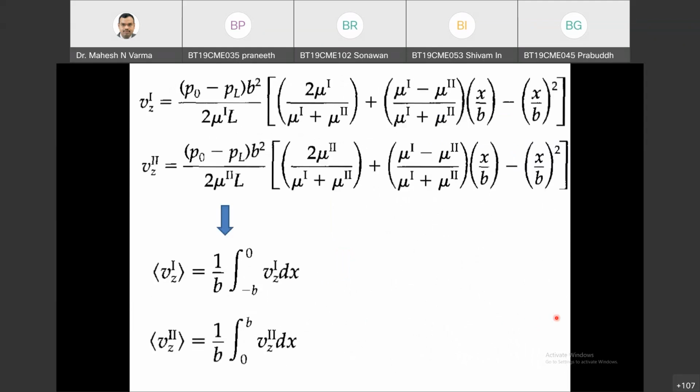Any doubt? So this is what we are going to cover in class, the shell momentum balance approach. In the next class, we will have a couple of practice problems, and this will be the syllabus for the midterm exam.